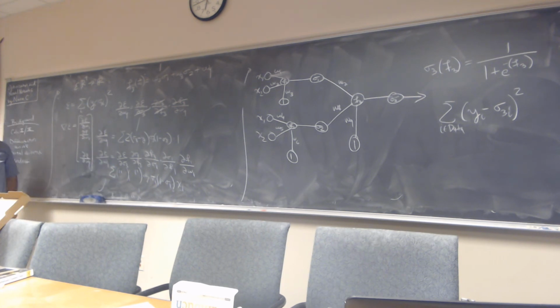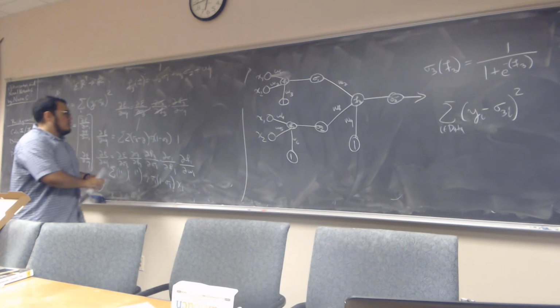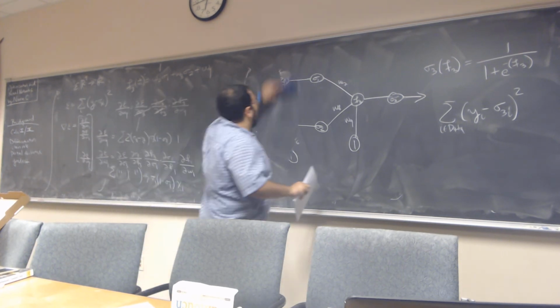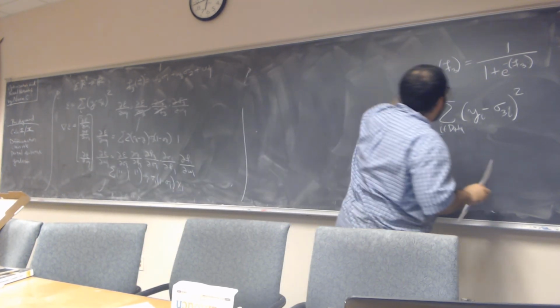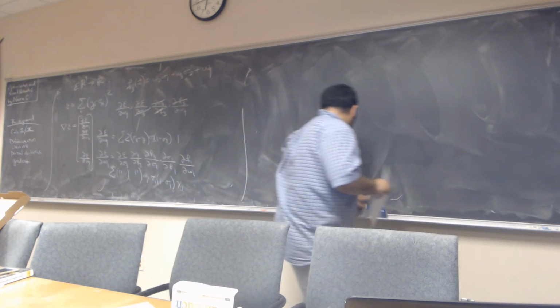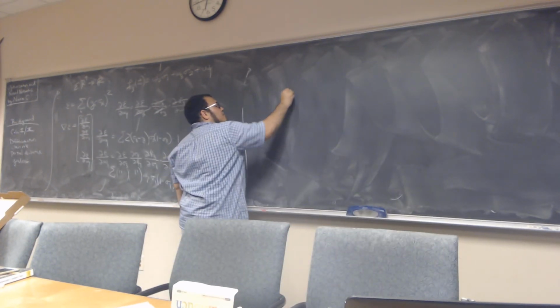Okay, so we do this 9 times, and we're going to get a vector. And that vector is going to be in the direction of steepest ascent. But we don't want to increase our error, we want to decrease it. So we start at some set of weights.